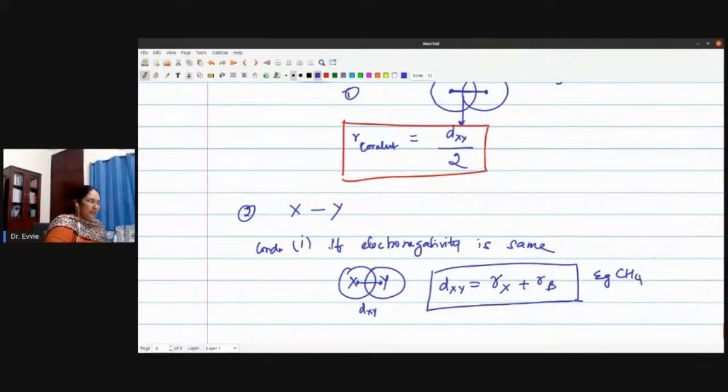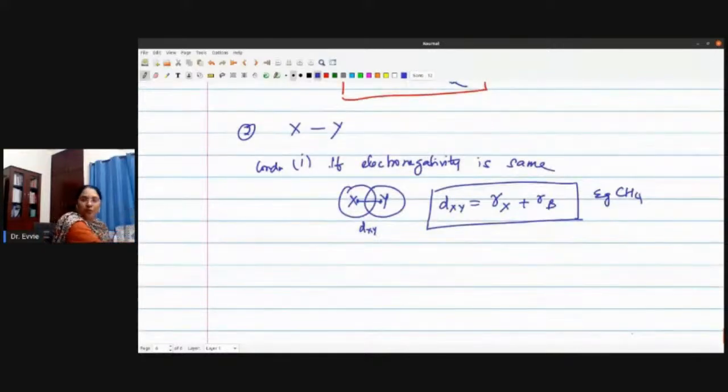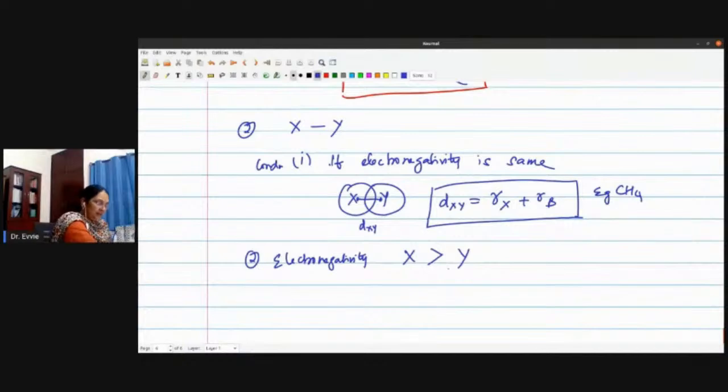Fine. Now coming to condition 2. Suppose we have, when the electronegativity is, if one is higher than the other one, okay, some difference is there. Imagine if X is greater than Y. Okay, so here we will have the bond length.